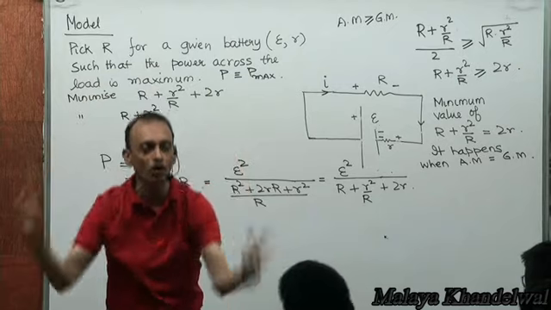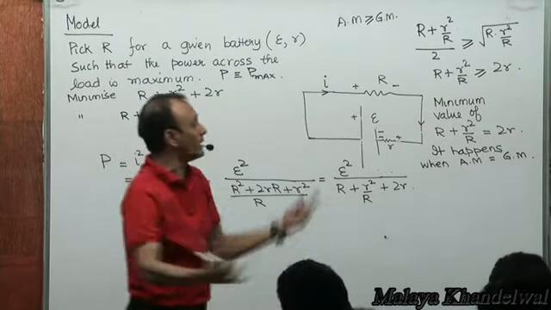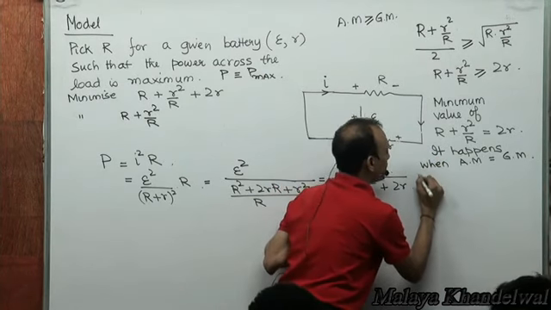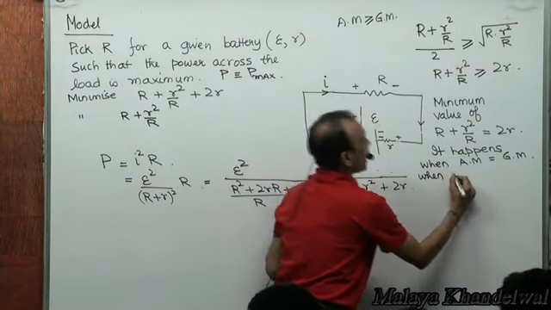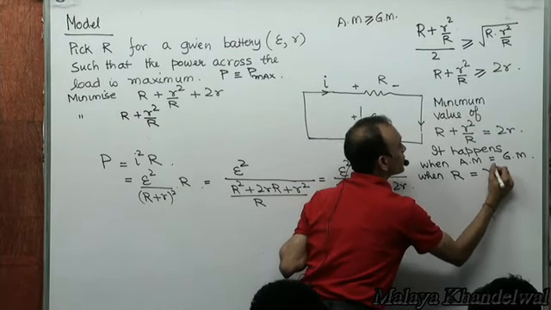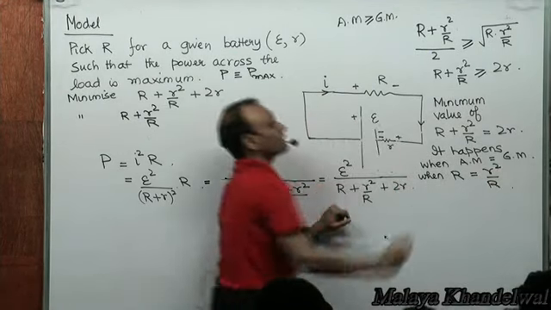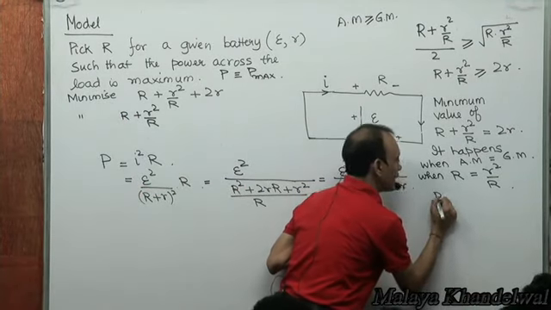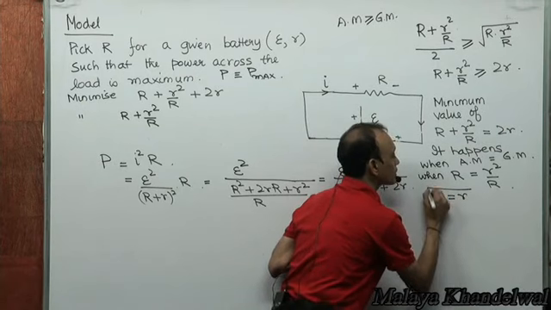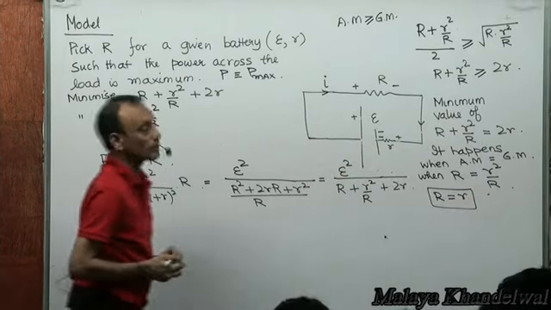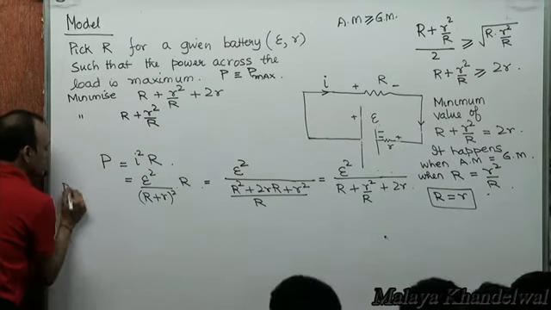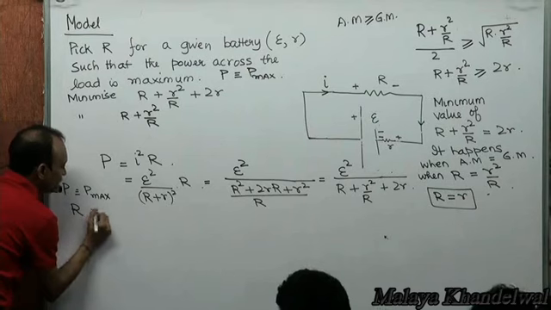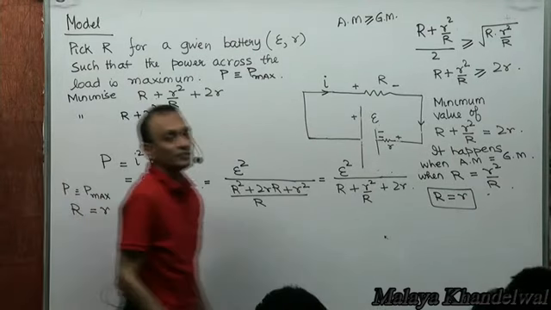This happens when R becomes equal to R square by capital R. That means when capital R becomes equal to small r. Yes or no? That means power will be maximum if the external resistance R is equal to the internal resistance of the battery.